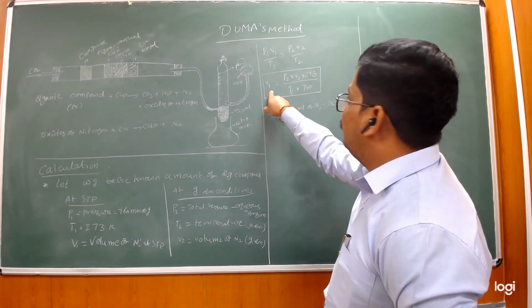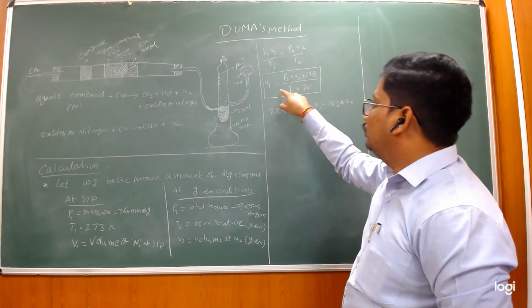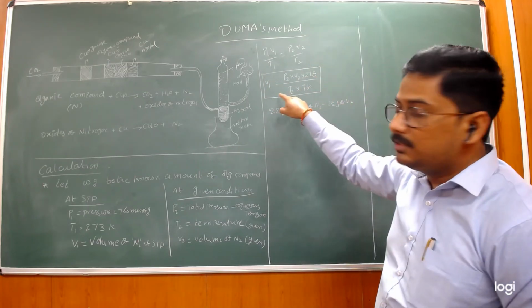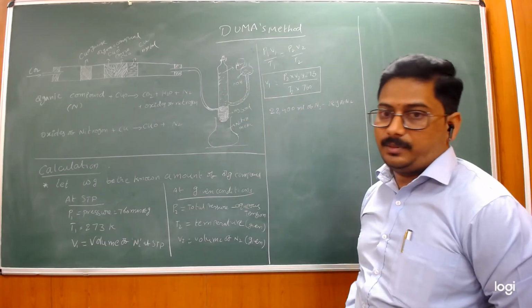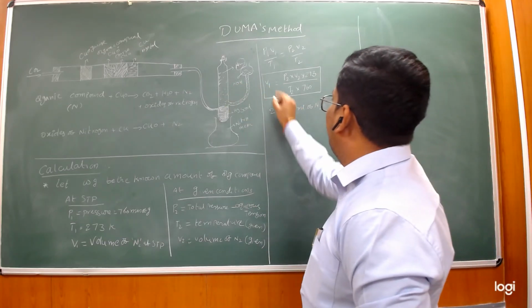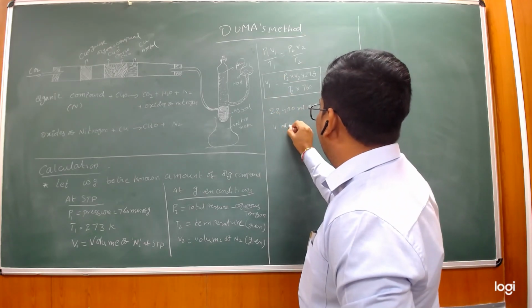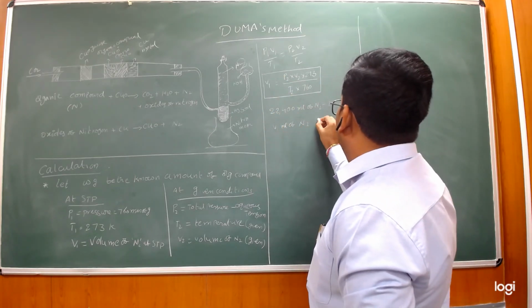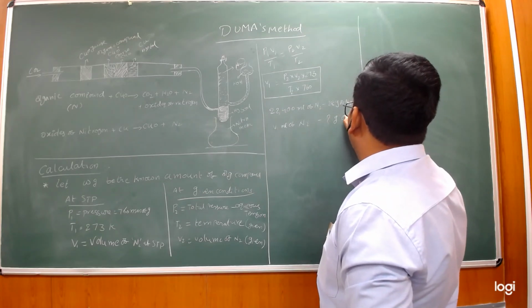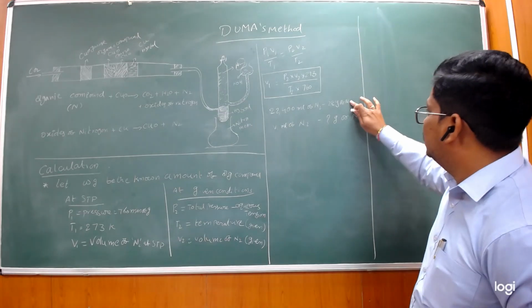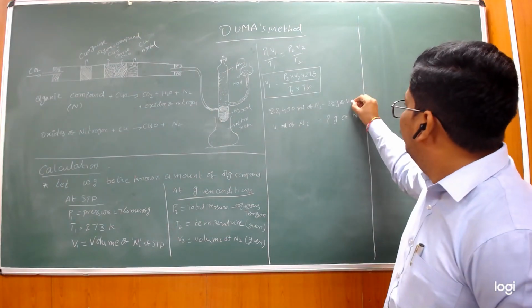Then V1 ml, this is the volume we have discovered from the experiment. So V1 means this much amount. V1 ml of N2 contains how many grams of nitrogen? How many grams of nitrogen we have to find out.